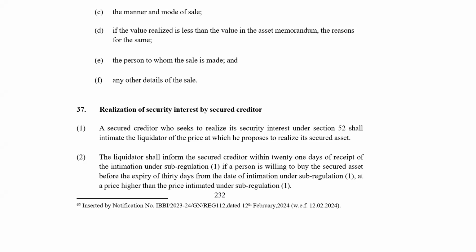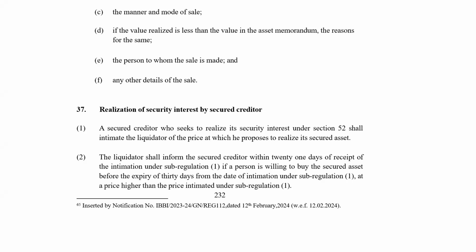So the liquidator shall inform the secured creditor within 21 days of receipt of the intimation under sub-regulation 1, if a person is willing to buy the secured asset before the expiry of 30 days from the date of intimation at a price higher than the price intimated under sub-regulation 1. But there should be a ready buyer, because the person should be willing to buy the secured asset before the expiry of 30 days from the date of intimation. That means he is a ready buyer, right?